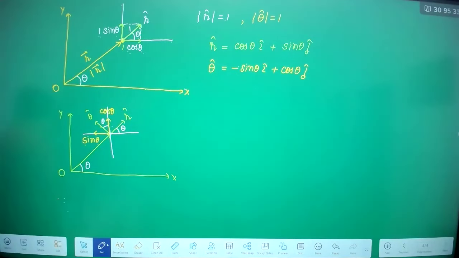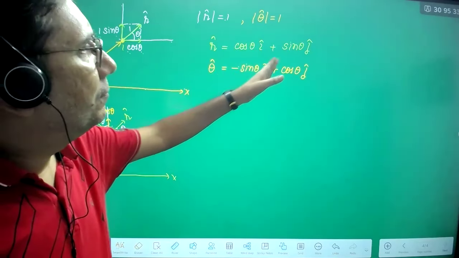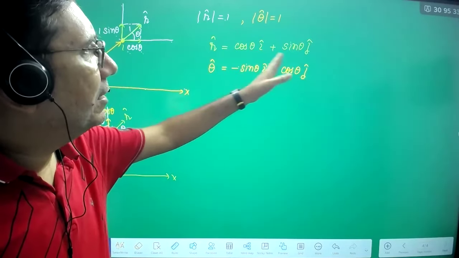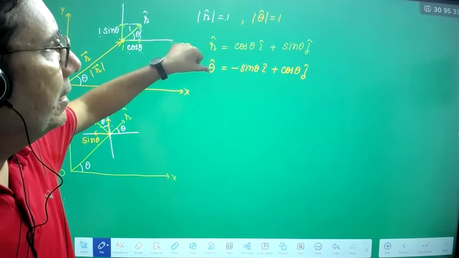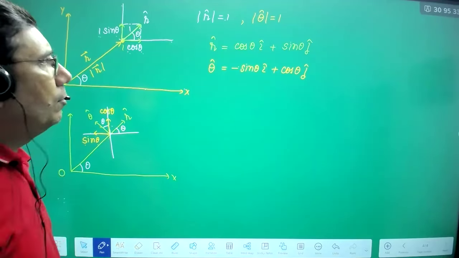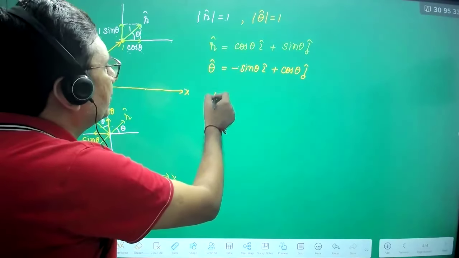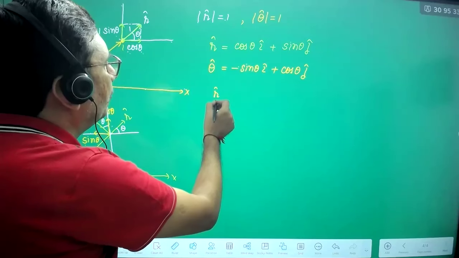Okay? So these are transformations. These are transformations of one type of unit vector system to another unit vector system. So r cap and theta cap can be written in terms of i cap and j cap. Or if you combine these two equations, this transformation can also be written in the form of a matrix.